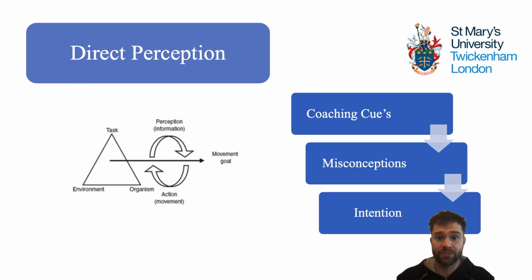Although with the right manipulation of these constraints and the right coaching cues and feedback mechanisms, we can get rid of some of these complex ways of trying to teach these movements and get a much smoother process. And as we do that, we can then change the misconceptions towards injury and get the athlete to put more intent into their movement, leading to better actions and outcomes.